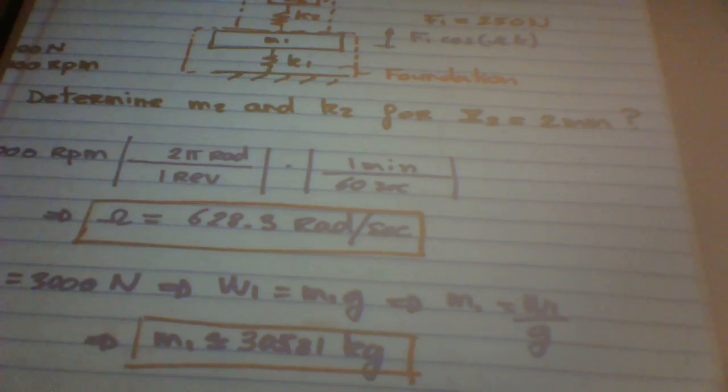Yeah, but here we want x1 to be equal to 0, no? Oh, I thought we wanted x2, I don't know. The amplitude of motion of the absorber mass is to be limited to 2 millimeters. So x1 is still equal to 0. Oh, okay. So we have a problem. Maybe should we throw a damper on there then? Yeah, a damper will not change much of the result, but it will not let this go to infinity.